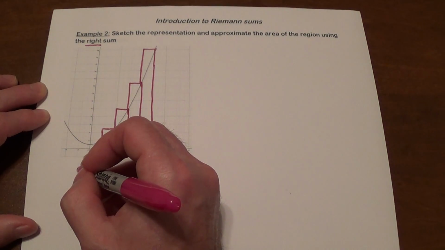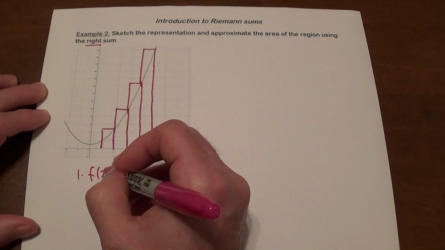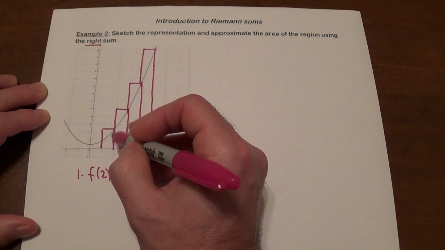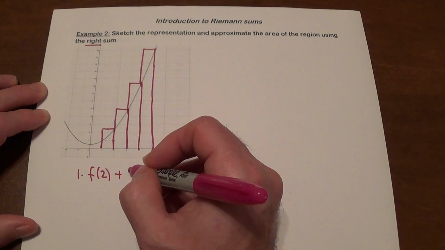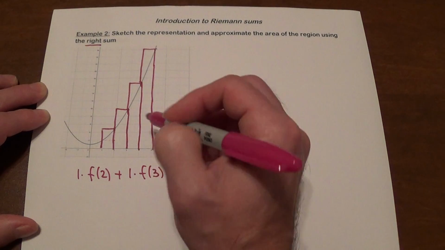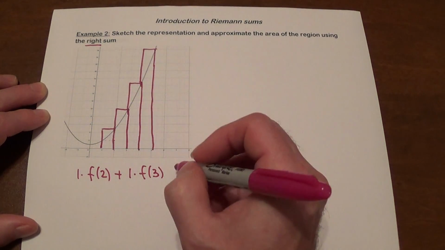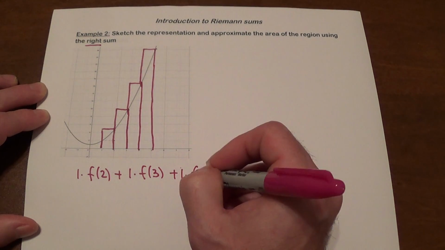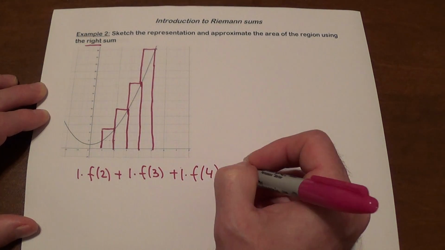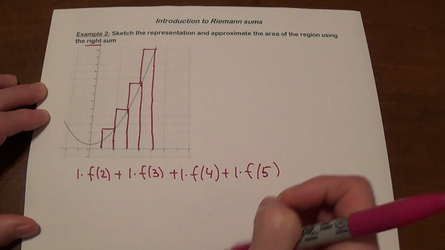So we do the width times the value of f of 2, which determines the height of the first rectangle, plus the width times f of 3, which determines the height of the second rectangle, plus 1 times f of 4, plus 1 times f of 5, right?